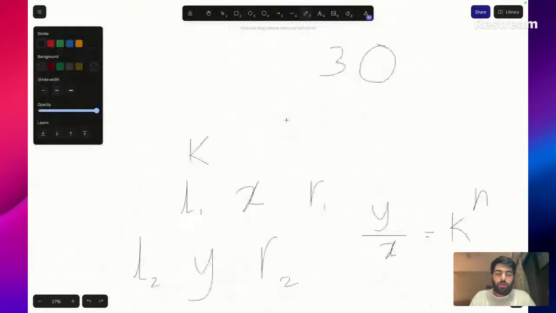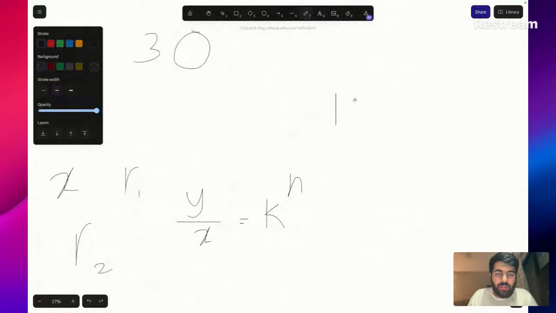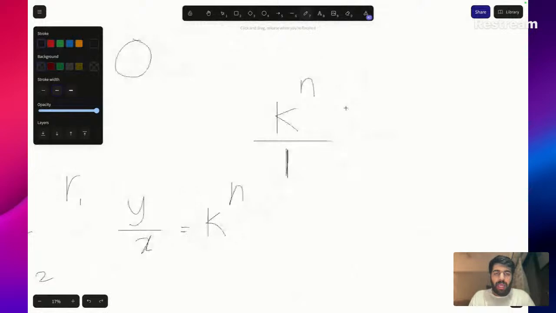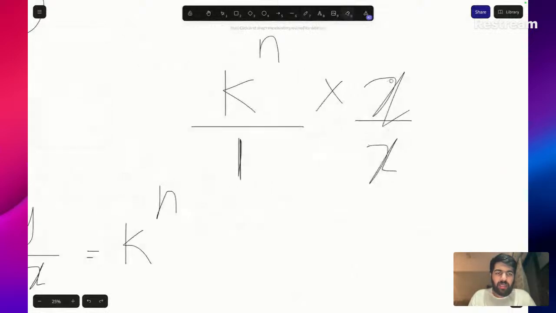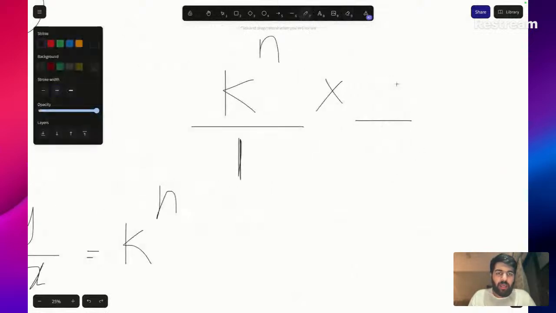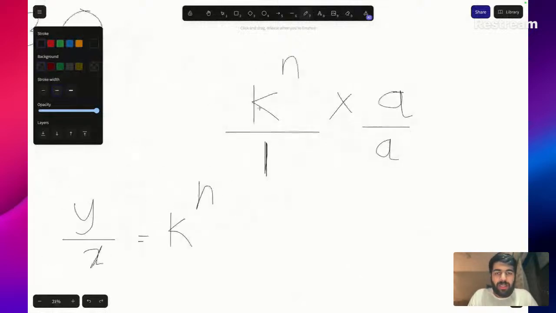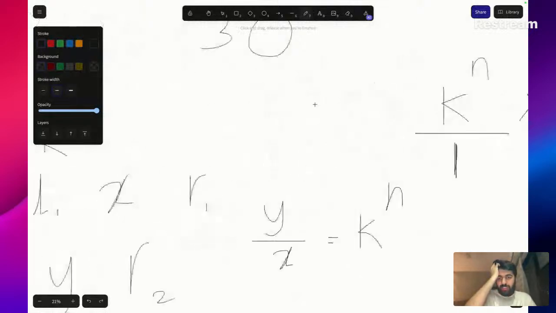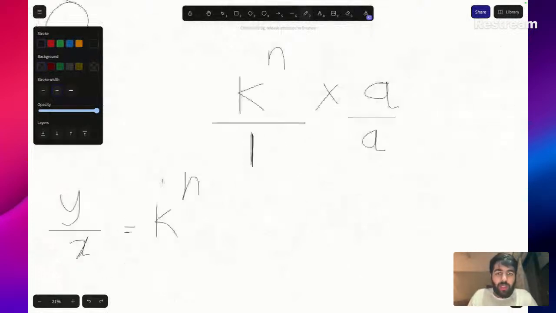But now, how do we check if some k raised to n value is valid? You can write it in fraction form: k raised to n upon 1. Then you can multiply it by a upon a. Now if you multiply by a, you just need to find all the y's that are there.